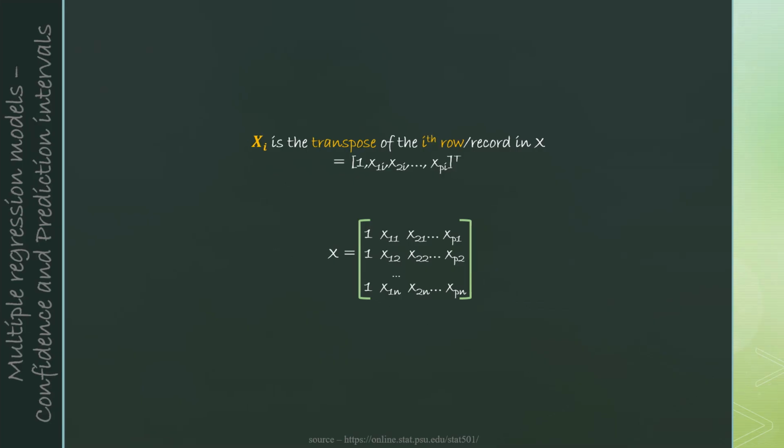Note that xi is the transpose of the ith row or record in X.